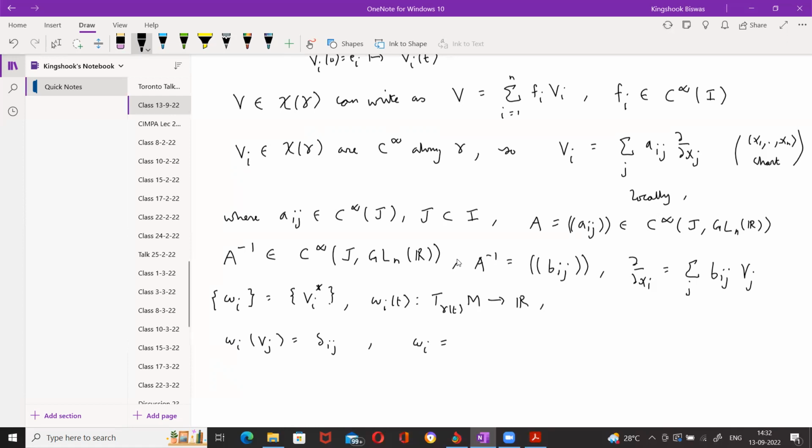Yeah. So omega I, you can write as some summation Cij dxj. And then you have to solve for the Cijs. So this will be a basis. And the Cij will be invertible because the omega i's are a basis, right?